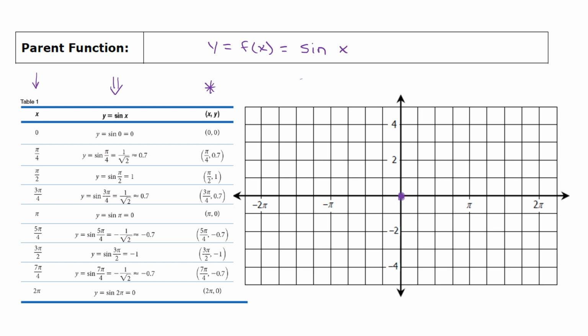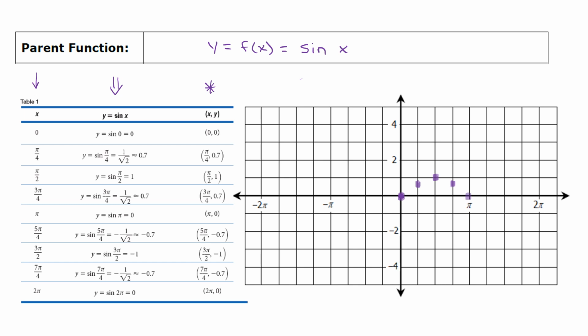There we go. Next point at pi over 4, we have pi over 4 and 0.7. So that would be somewhere here. And then we have pi over 2, 1. And then we have 3 pi over 4, 0.7. And then we have pi, 0.